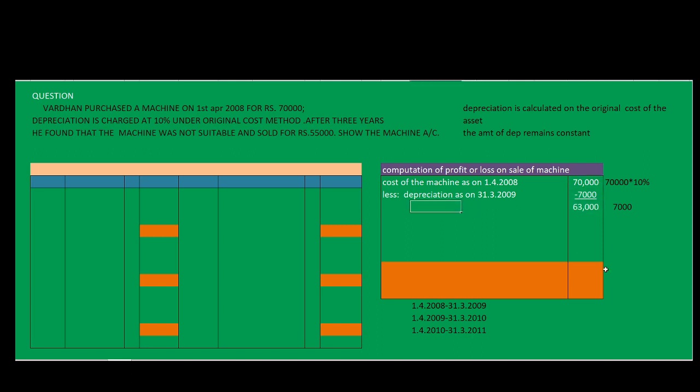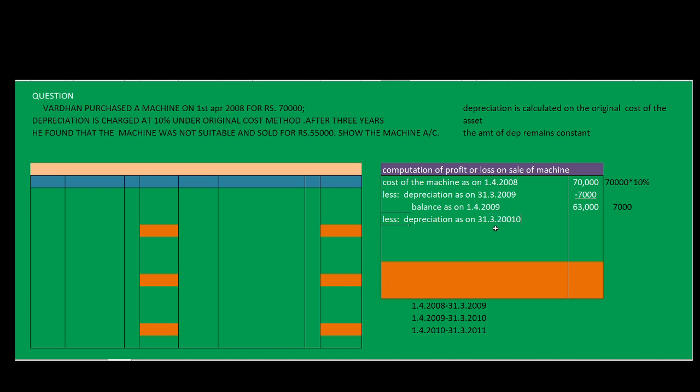financial year. It is the balance as on 1st April 2009, because the next financial year starts immediately after the previous financial year completes, that means the next day itself. In the same way, second step: one more year we have used it, so again depreciation should be calculated, depreciation as on 31st March 2010.